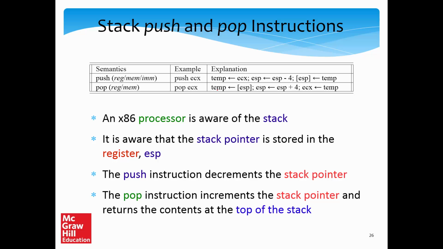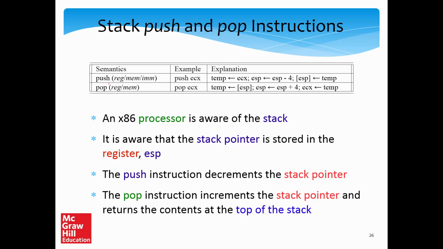The reason is that an x86 processor is explicitly aware of the stack, unlike simple RISC, where that was not the case. An x86 processor is aware that the stack pointer is stored in the register ESP, and that's the reason it defines two instructions called push and pop, which take a single operand.